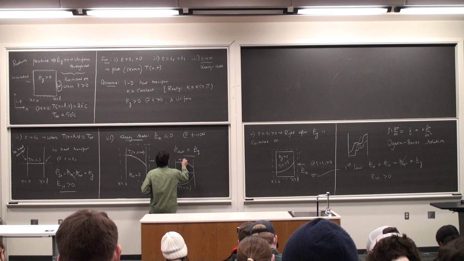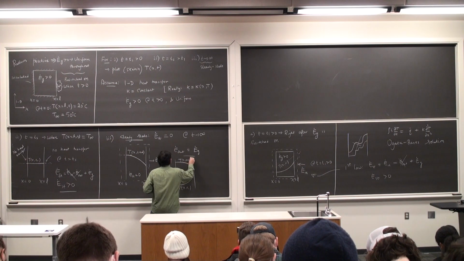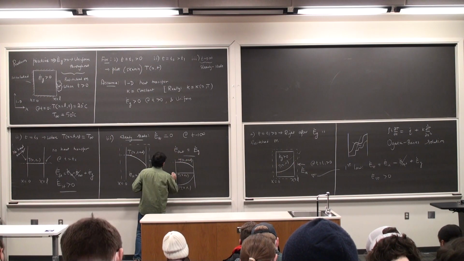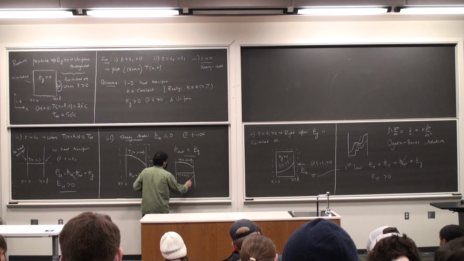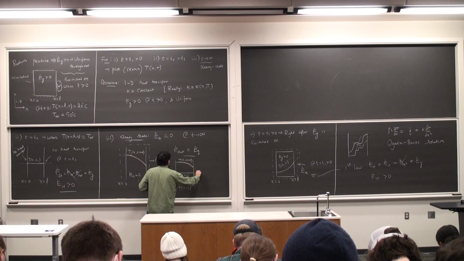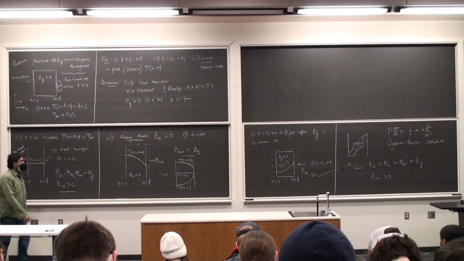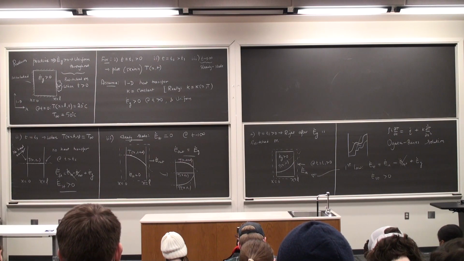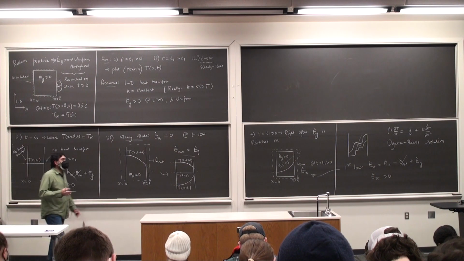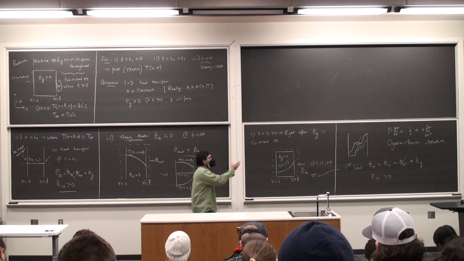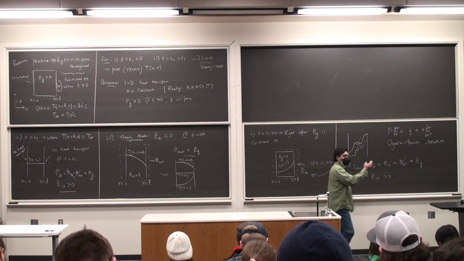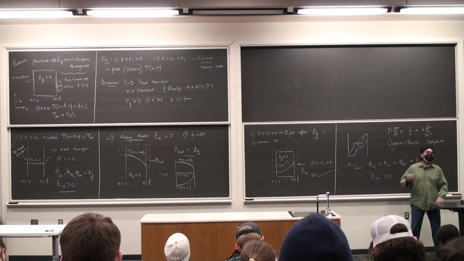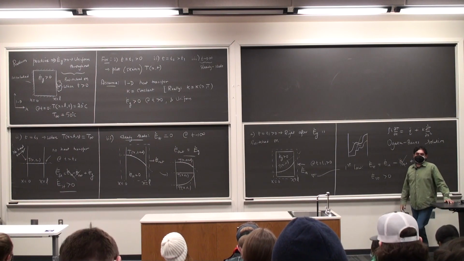This is T at x and steady state. And the moral of the story is that you don't need to know how to solve these kinds of complicated equations to understand how qualitatively the temperature changes as a function of time.